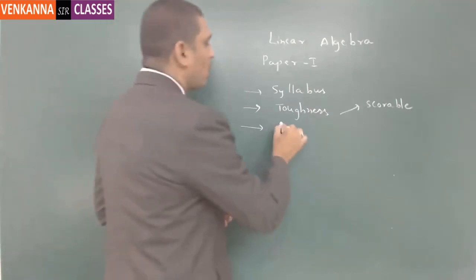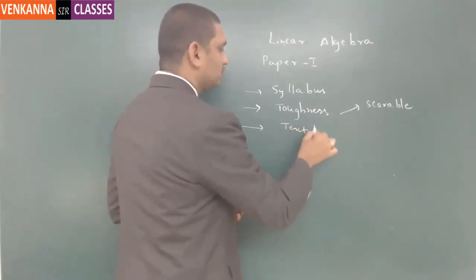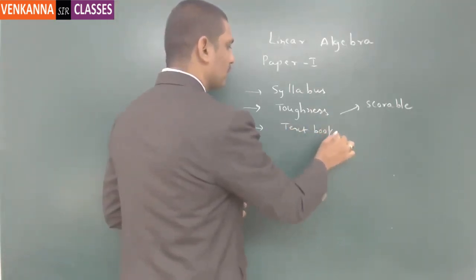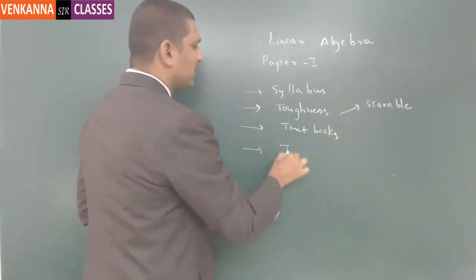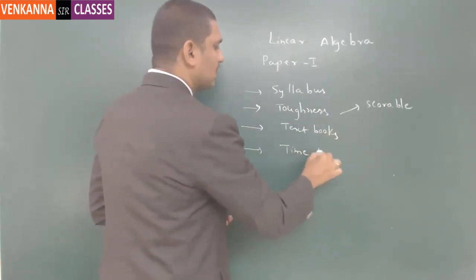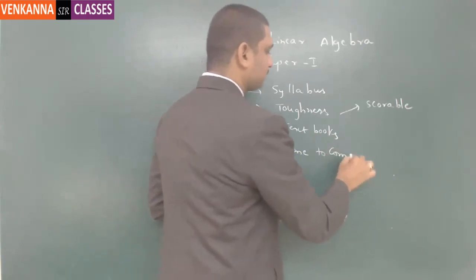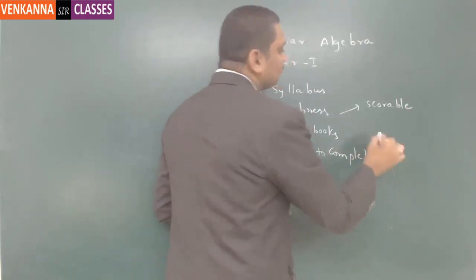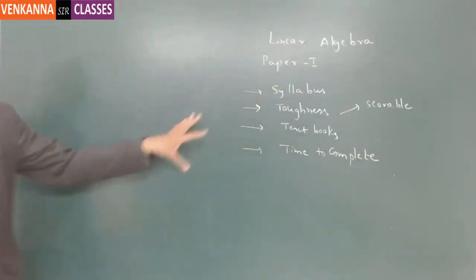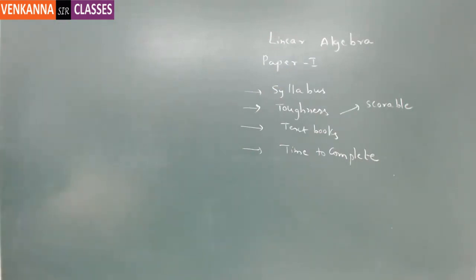Then, what are the textbooks we need to follow? Then, how much time it takes to complete. So these are the usual questions we generally face. If anybody has any other doubts, you can ask.